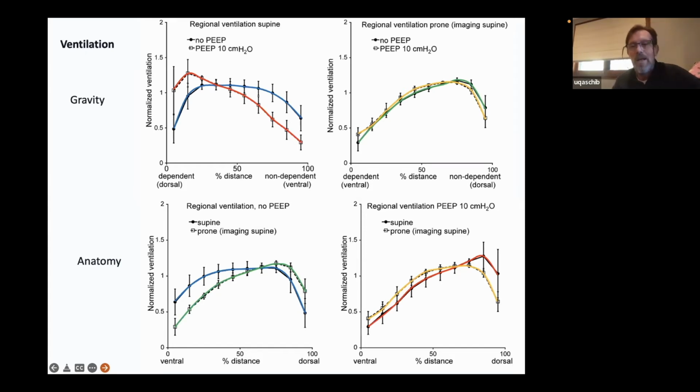No, okay, sorry. If you look at 30, 40 years ago, Milic-Emili described that during paralysis and mechanical ventilation, we have the reverse of normal ventilation. Normal ventilation is better in the dependent lung than the non-dependent, or the lower versus the upper.